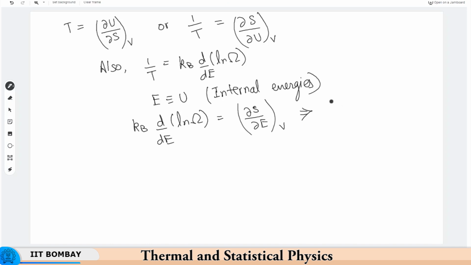If we integrate it out, we get entropy, which is Kb times log omega plus some constant c, since d of log omega just gets converted into log omega.